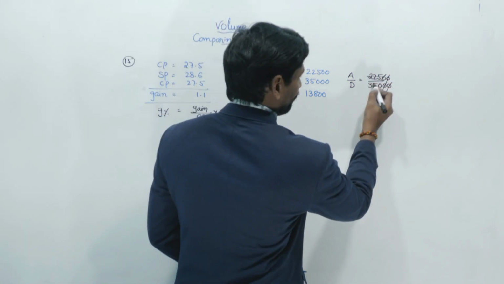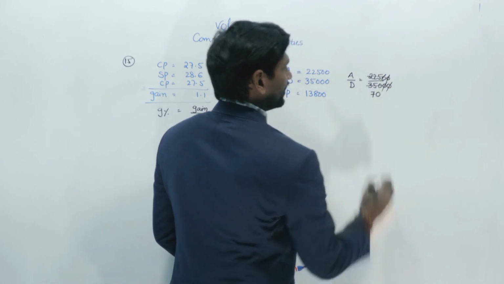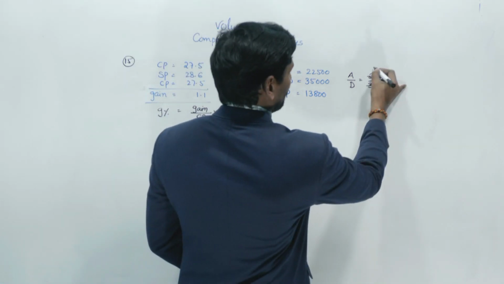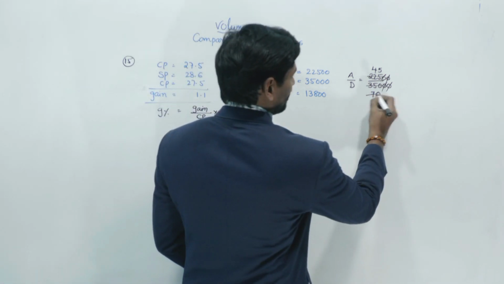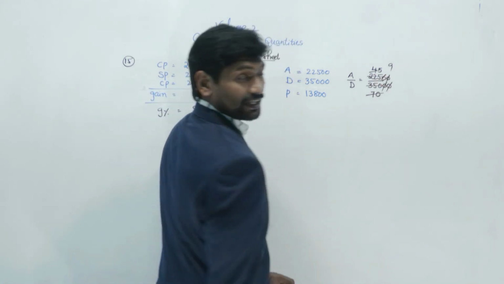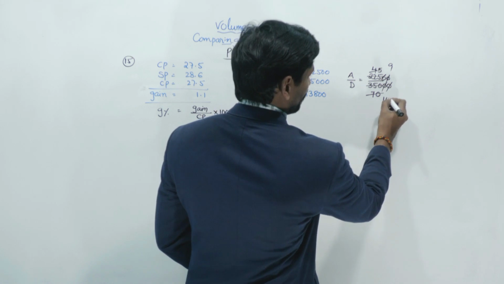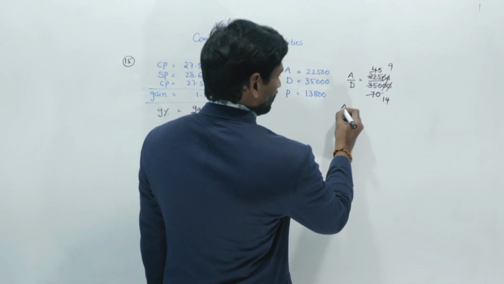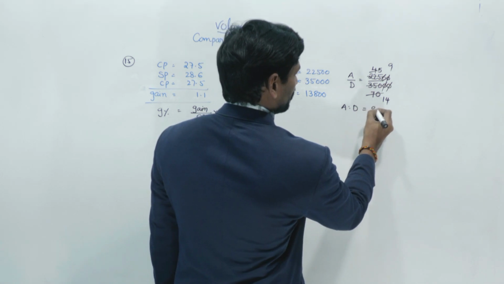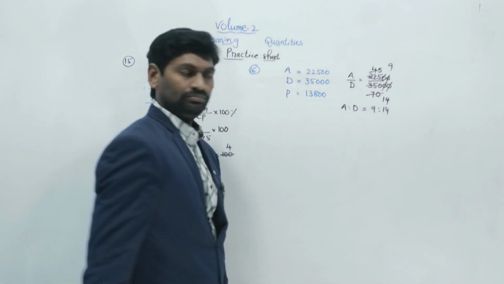Both can be cancelled in the 5 table. 5 70s are 350, 5 4s 20, 5 5s 25. Again 5 table cancel. 5 table here 9 times and 5 table here 14 times. So A is to D are in the ratio 9 is to 14.